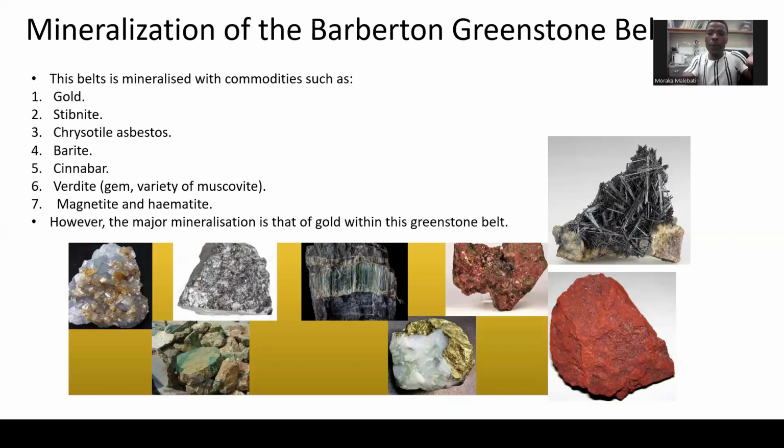So which is why we love the greenstone belt, because it is highly mineralized, mostly with gold. And we've got these theories. Some would say maybe some of the gold in the Witwatersrand comes from the Barberton Mountains.